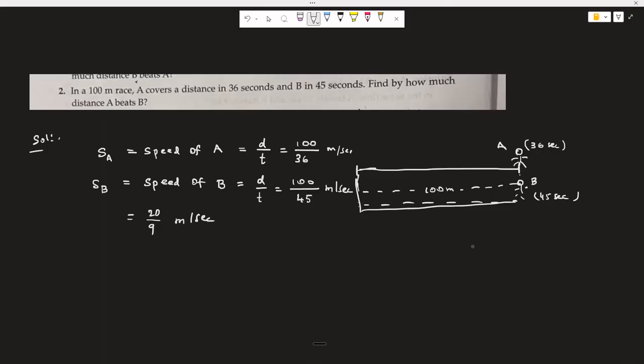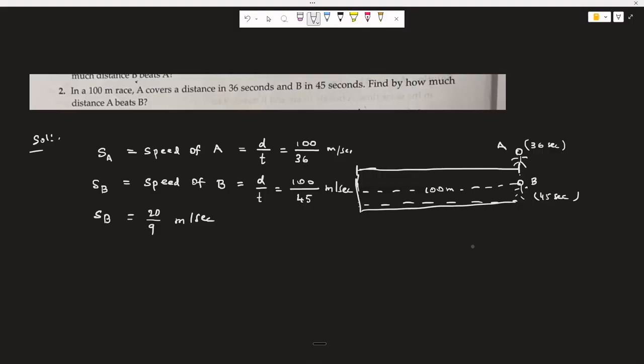So 20 by 9 meter per second. This is in 1 second. This means SB equals 20 by 9. In 1 second, Mr. B can cover 20 by 9 meters.